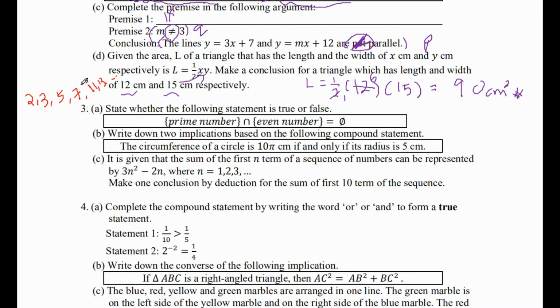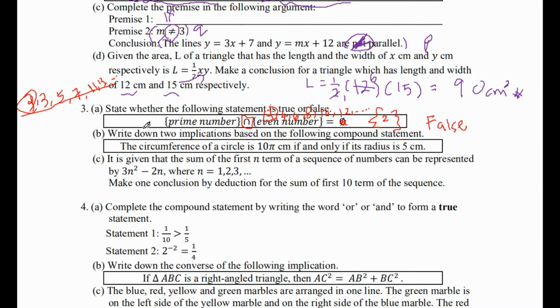Even numbers we have 2, 4, 6, 8, 10, 12, and so on. So prime number intersect with even number. Intersect, we find the common one. Any common numbers between this and this? Yes, 2. So this is not equal to empty set because we have 2. So this is a false statement.